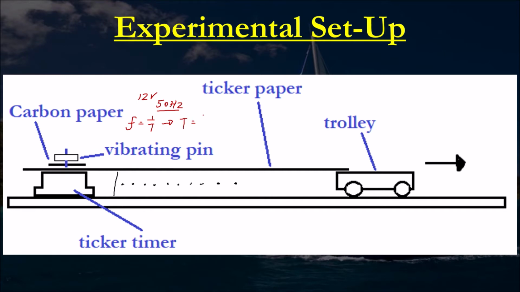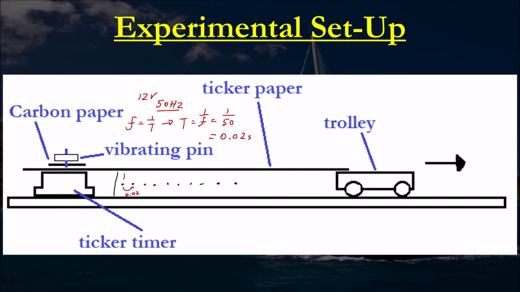So if we flip that equation around, it becomes 1 over 50, and so it means that every 0.02 seconds, that's how long it takes from one tap to another. Okay? And we can use that to our advantage.